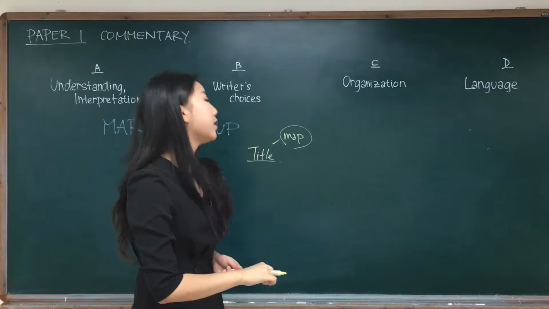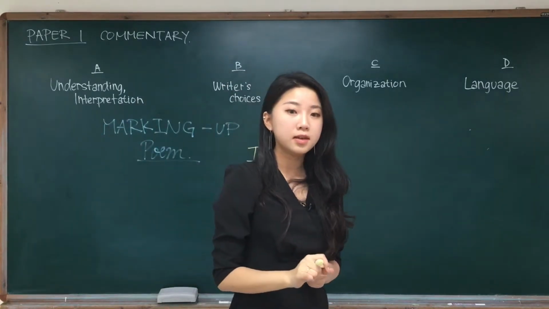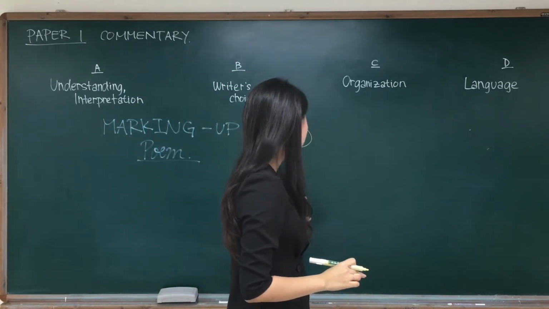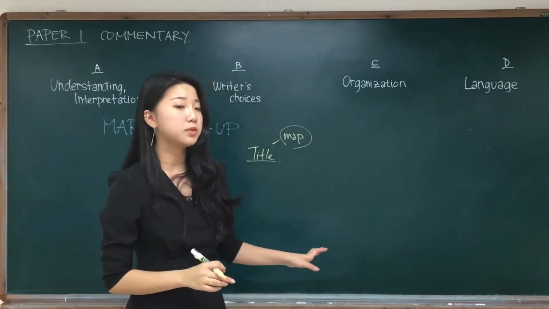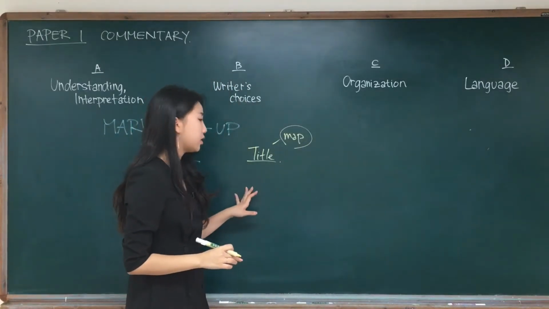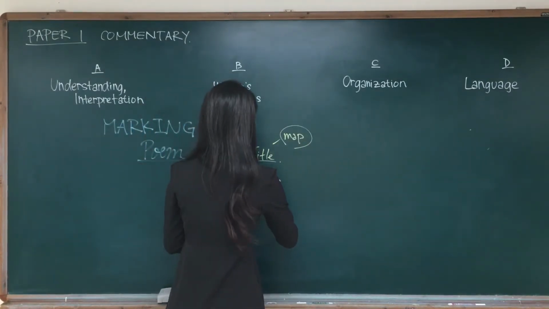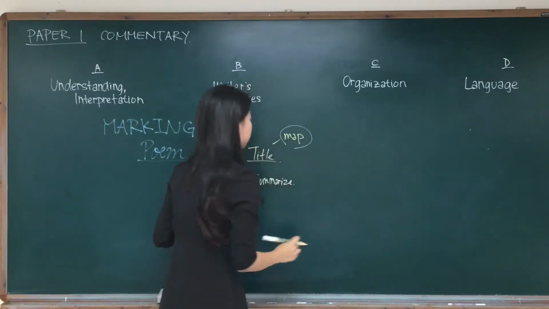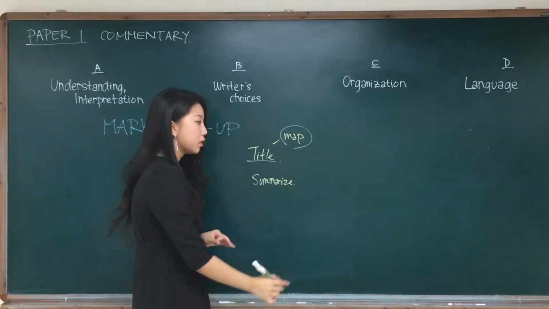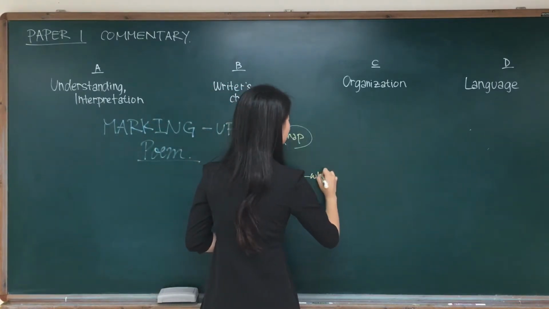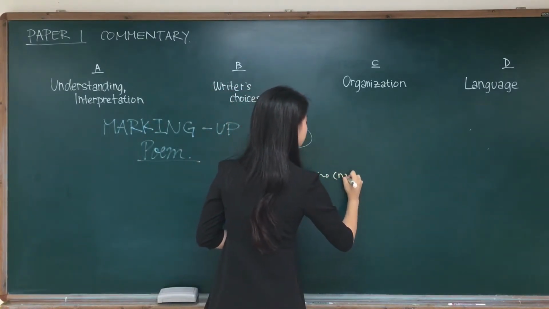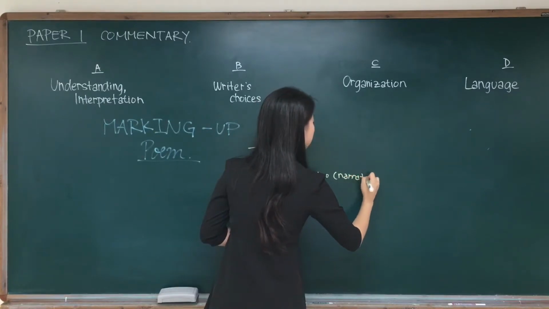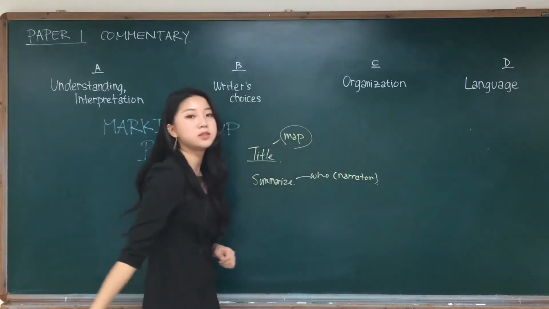Now, the second thing you need to do is make a basic sense of the poem. What I would do is just summarize what the poem is talking about. So who is talking? That is, the narrator. To whom is the narrator talking?